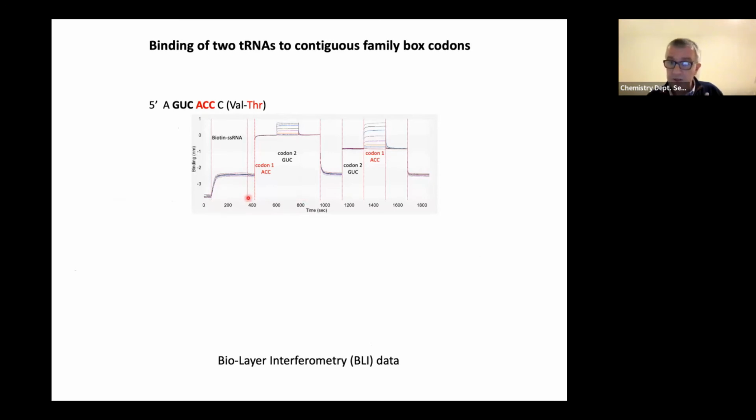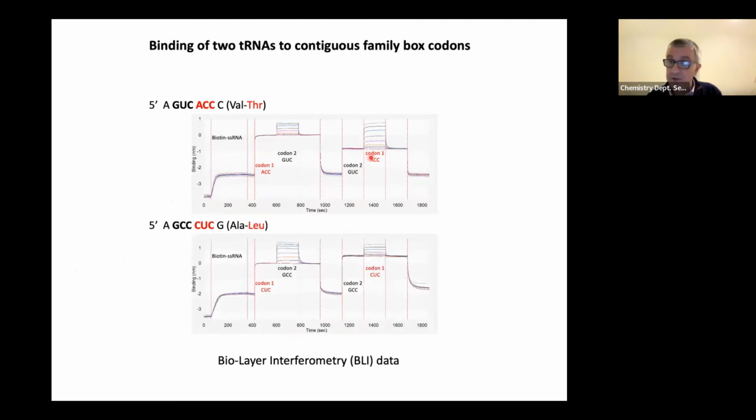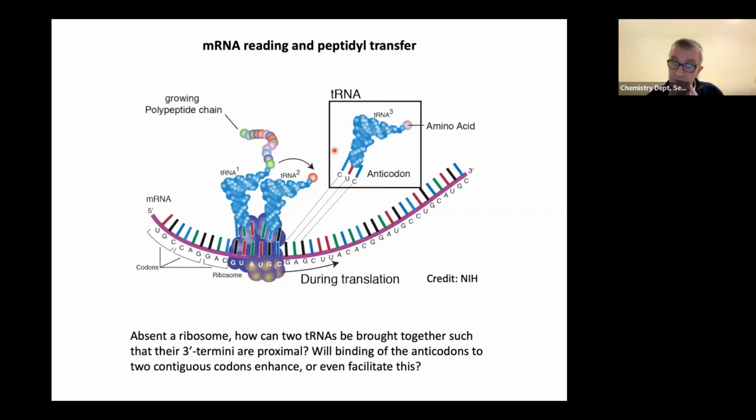So here's one example using bilayer interferometry where we can bind one anticodon stem loop and then bind a second one and then unbind the first, unbind the second, and another example where we can do the same. And we think that the reason that the amino acids were first assigned to family box codons is because the tightness of binding of the family box anticodon to the codon would have assisted the process of bringing two tRNAs together.